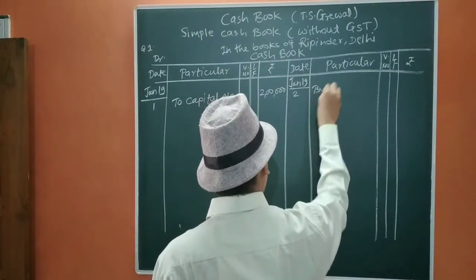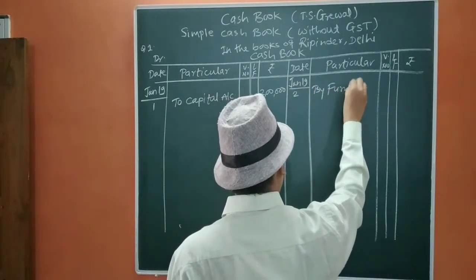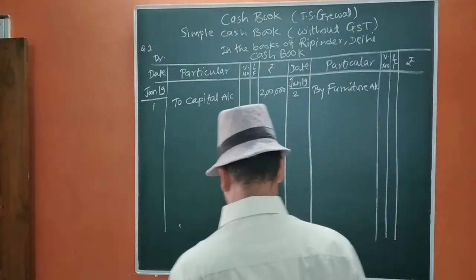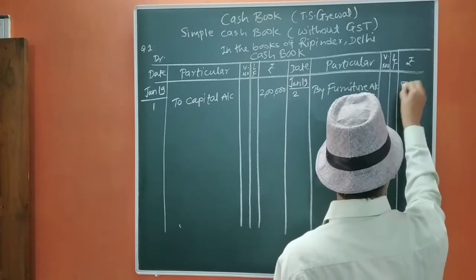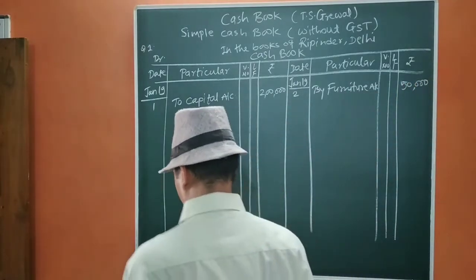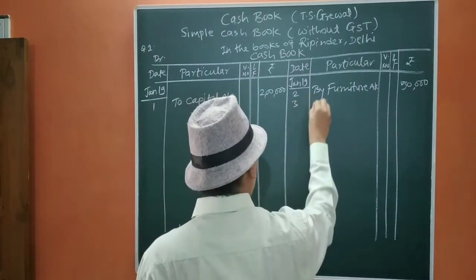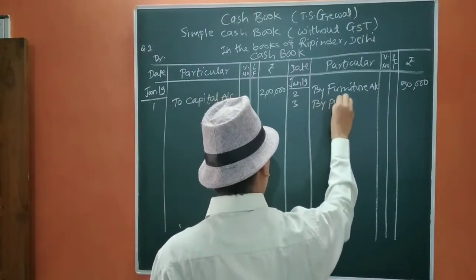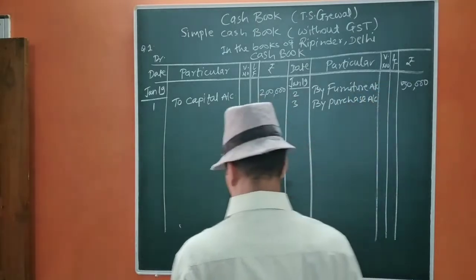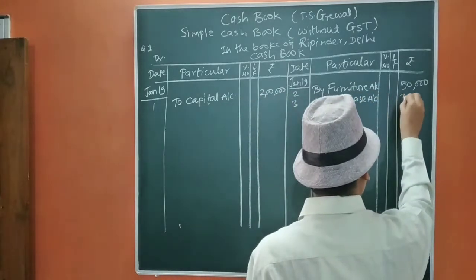Second, by furniture account, the amount is 50,000. Third, purchase goods for cash, by purchase account. The amount is 30,000.